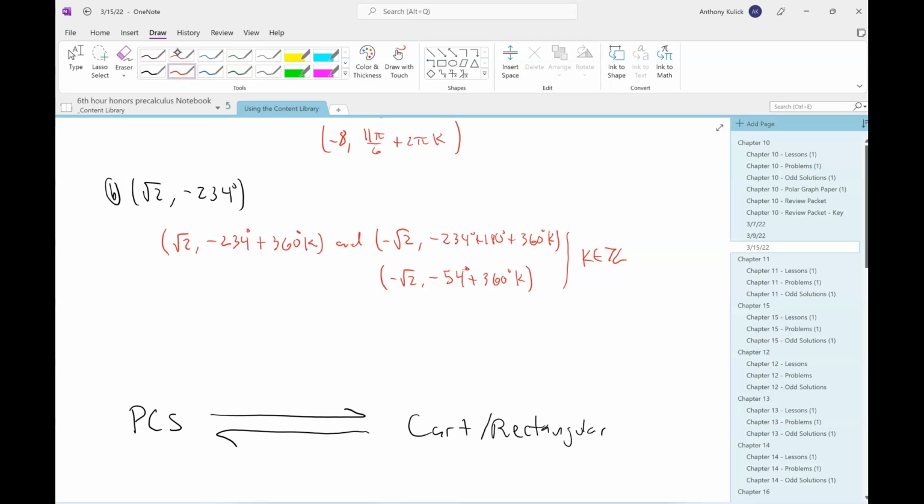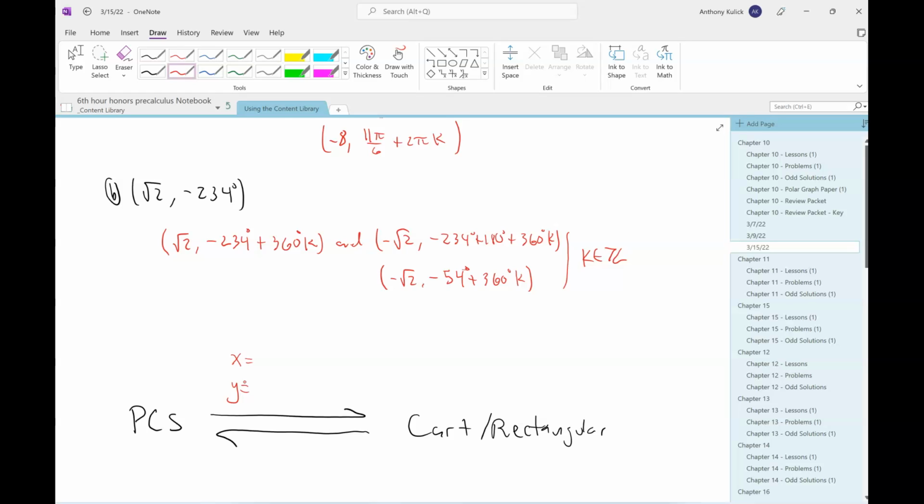I think these notes use both terms, Cartesian and rectangular, so I have to throw that in here.